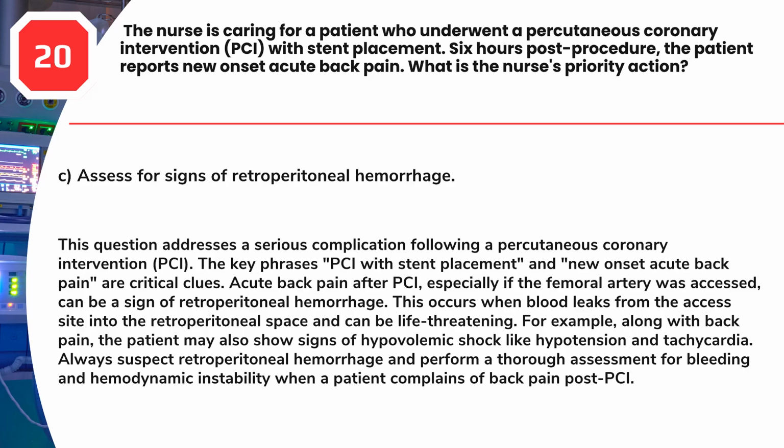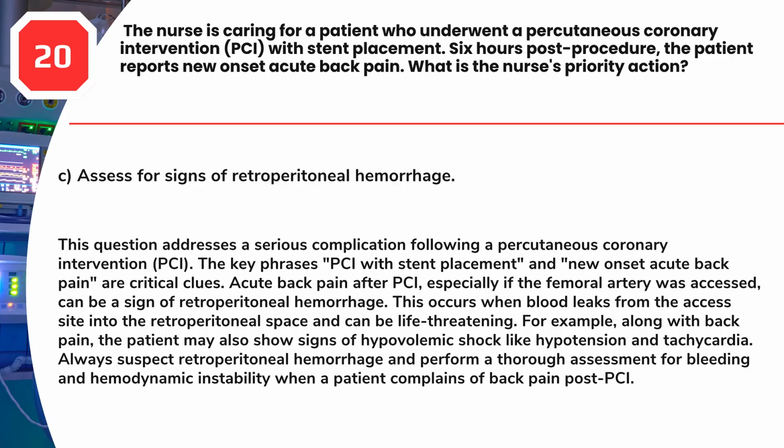This occurs when blood leaks from the access site into the retroperitoneal space and can be life-threatening. For example, along with back pain, the patient may also show signs of hypovolemic shock like hypotension and tachycardia. Always suspect retroperitoneal hemorrhage and perform a thorough assessment for bleeding and hemodynamic instability when a patient complains of back pain post-PCI.